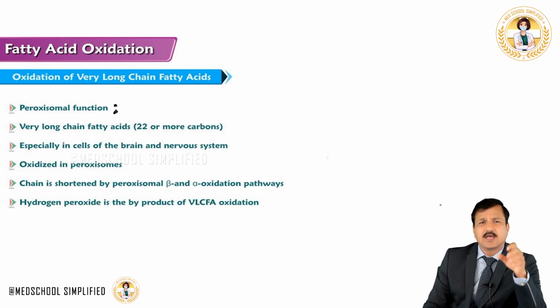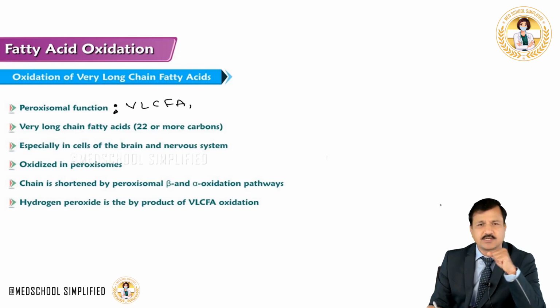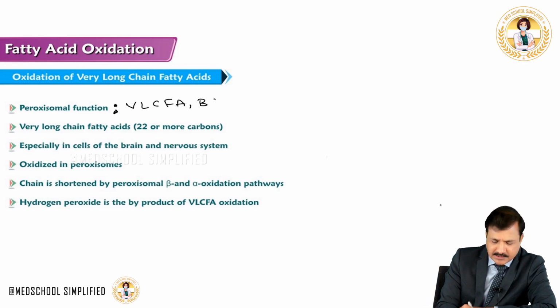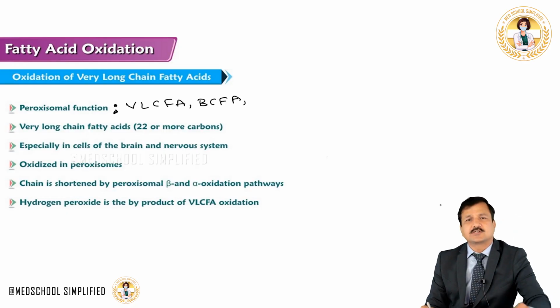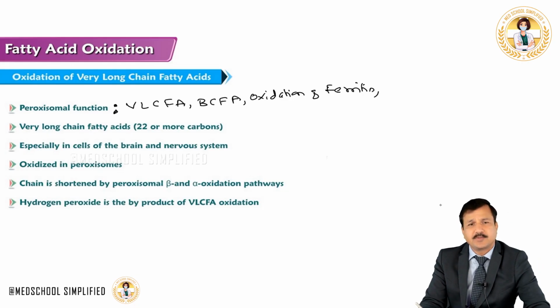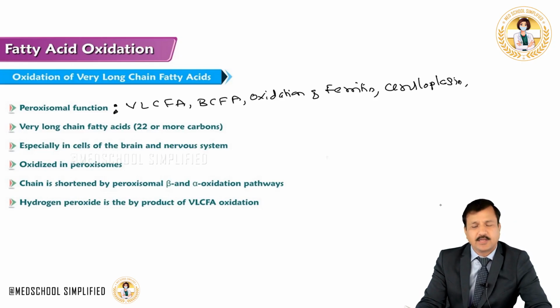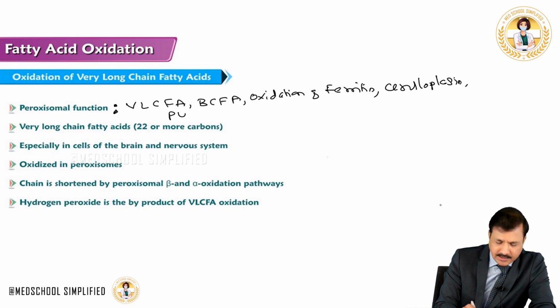They are involved in the oxidation of a variety of molecules: the oxidation of VLCFA, very long chain fatty acids; the oxidation of BCFA, branched chain fatty acids; the oxidation of ferritin, an iron-containing molecule, the iron storage protein; the oxidation of ceruloplasmin, a copper-containing protein; and the oxidation of purines, which is uric acid formation.